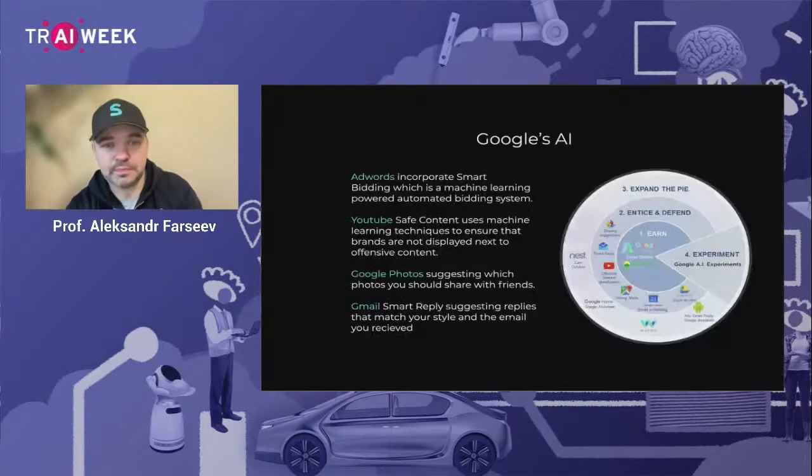So if you look overall, you will see that nowadays we have AdWords on Google that incorporate smart bidding technology, basically choosing the right people to show the ad to automatically via AI. We also get YouTube safeguarding the content that we are watching. We get Google Photos suggesting the right photos to like and share with friends.